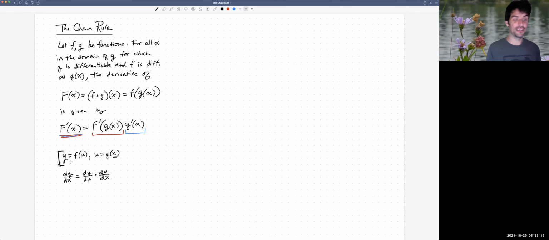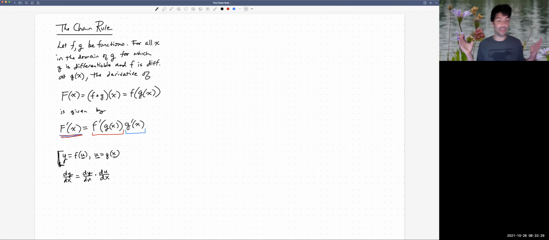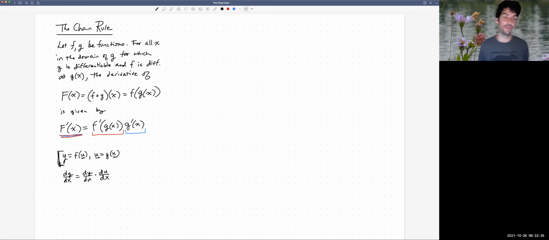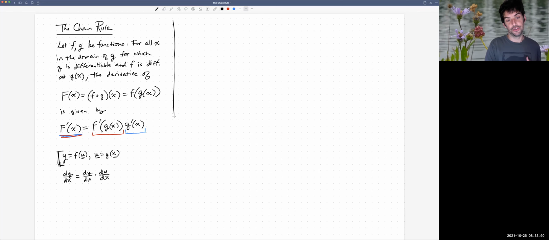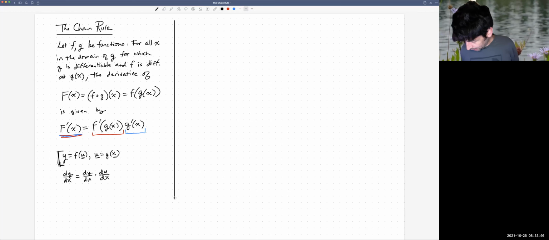We take the product of how y changes relative to its input, which happens to be the function u, so we multiply by how u changes relative to its input x, and that product gives us the overall rate of change of y with respect to x, the outer function with respect to the original input. So there is our chain rule. So how do we prove this?